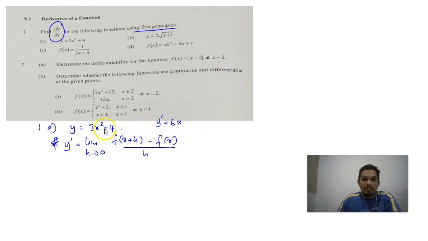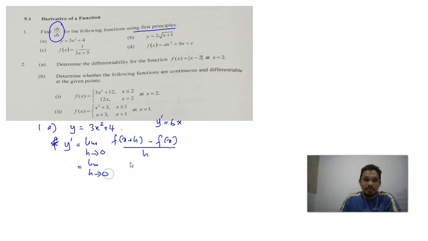Class, we cannot simply write down y prime or dy/dx equal to 6x from this function because we need to find dy/dx using the first principle. But we have y prime for this as a reference. This is the final answer we should get at the end of the solution here. Okay, so let's begin the steps now.